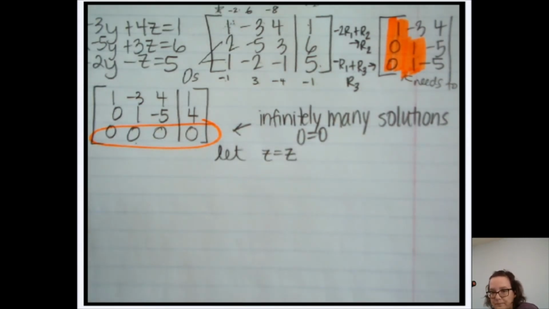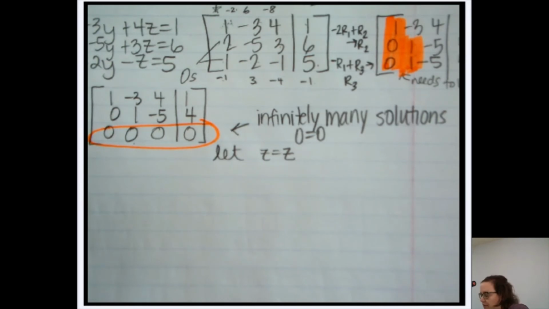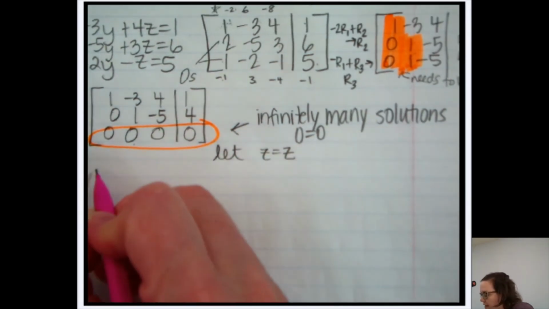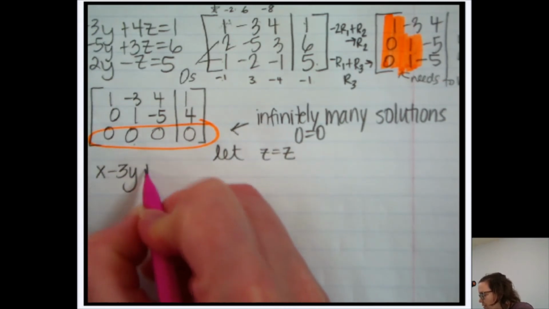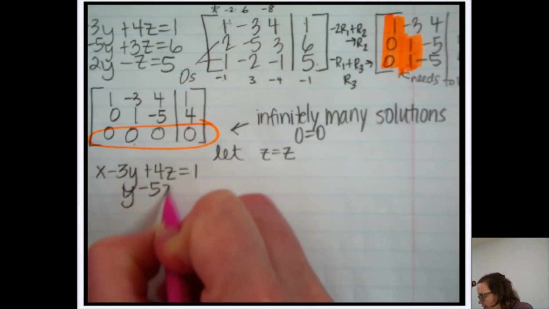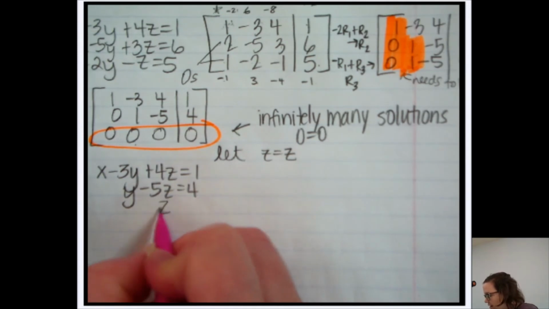Okay. So a lot of you, when you're solving some of these, you went ahead and said that there's infinitely many solutions, but you didn't describe those solutions, and you need to still do that. Okay. So if I look at this and write this, this is x minus 3y plus 4z equals 1, and I have y minus 5z equals 4. Okay. And we're going to let z equal z.